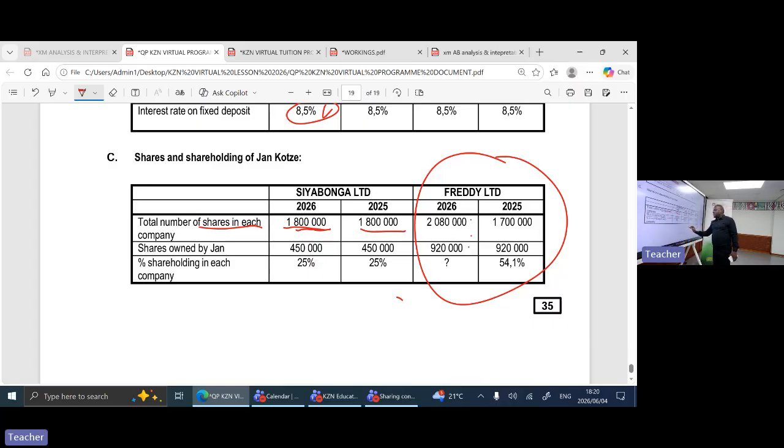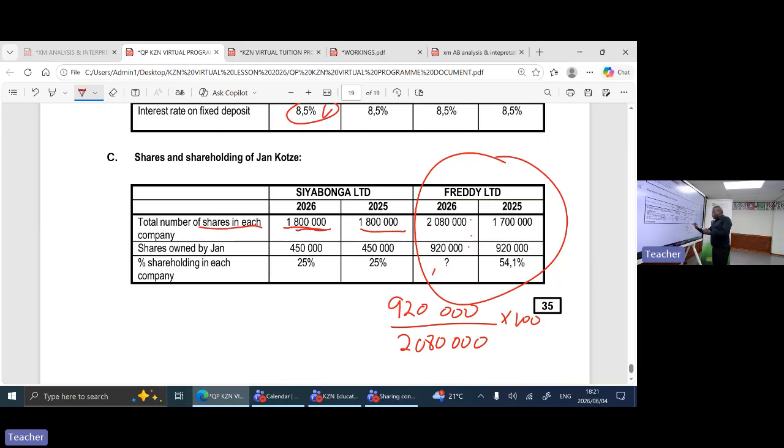So you can say the shares he owns are 920,000 over the total number of shares in the company, 2,080,000. Let's times 100. Let's see how much this is. 920,000 over 2,080,000, times 100.